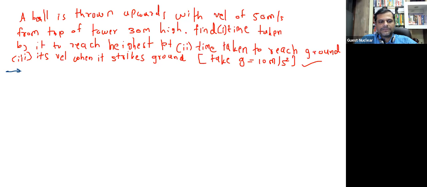What does it mean? That means there is a tower. Yes, suppose this is the tower. Okay, and suppose the ball is thrown at this point here, so from here we threw that ball in the upward direction.